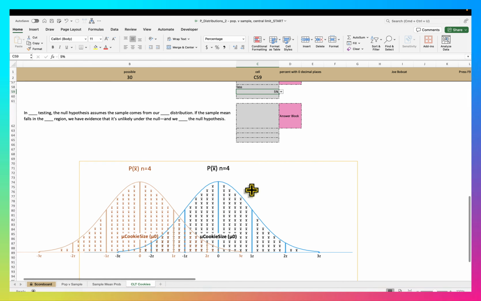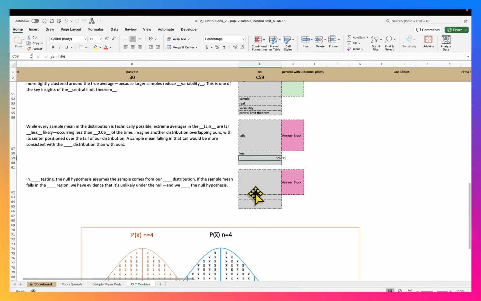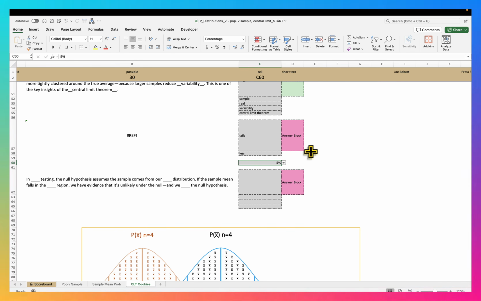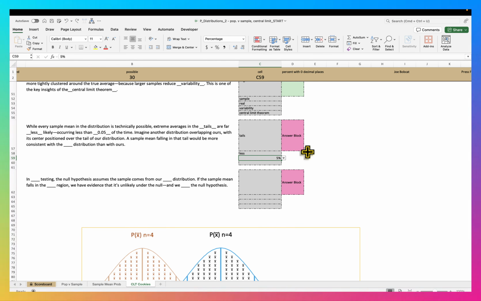You can see here the two distributions overlap. A sample mean falling in that tail would be more consistent with the other distribution than with ours.